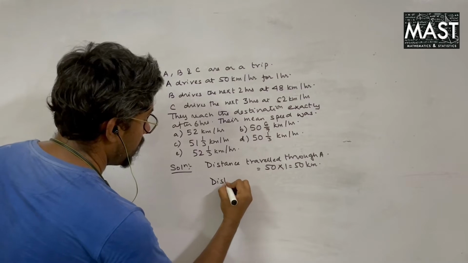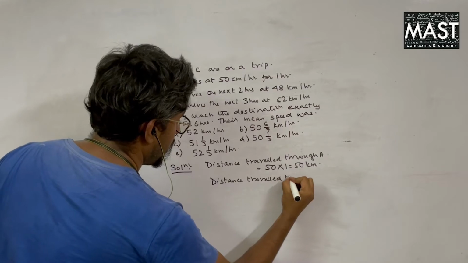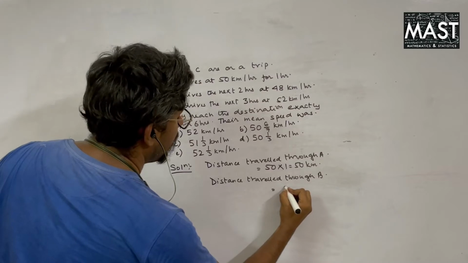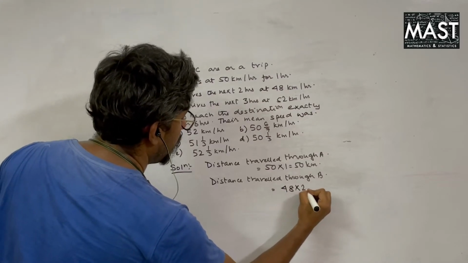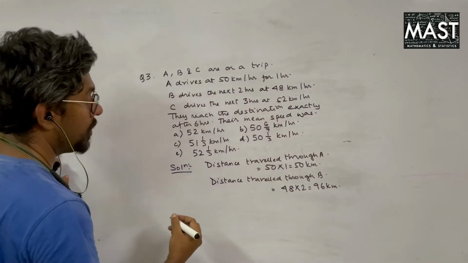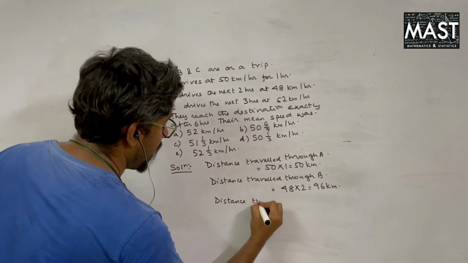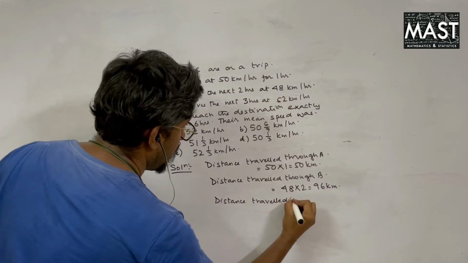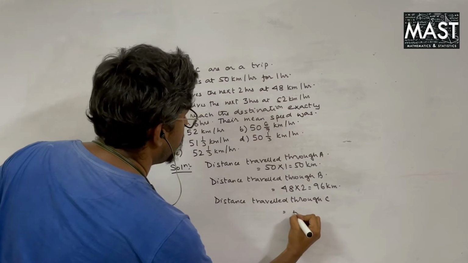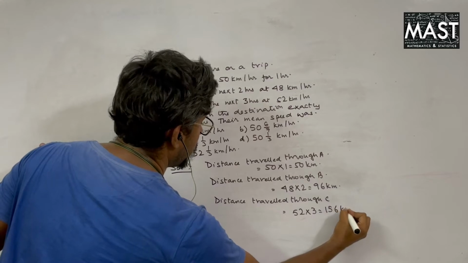Similarly, distance traveled through B equals 48 into 2, because the speed is 48 km per hour and the duration is 2 hours. So it's 48 into 2, which is 96. Distance traveled through C is 52 into 3, which is 156 kilometer.